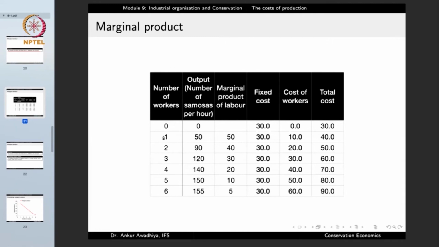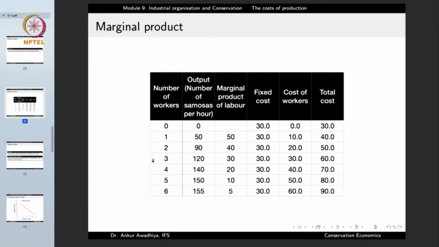If the firm employs two workers and the samosa output increases from 50 to 90, the marginal product is 90 minus 50, which is 40, and so on.